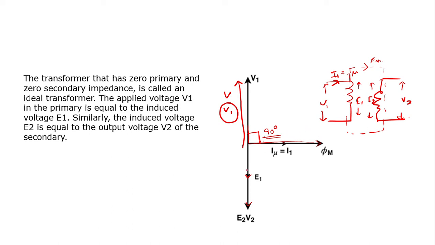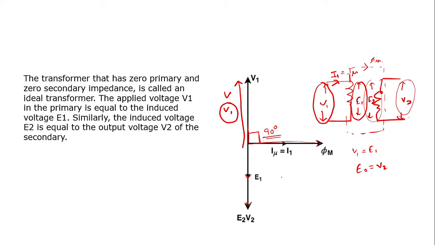Now, for an ideal transformer, this V1 and this E1 will be equal, right? And this E2 and this V2 will be equal. Similarly, the flux produced on the primary side will be equal to the flux produced on the secondary side.